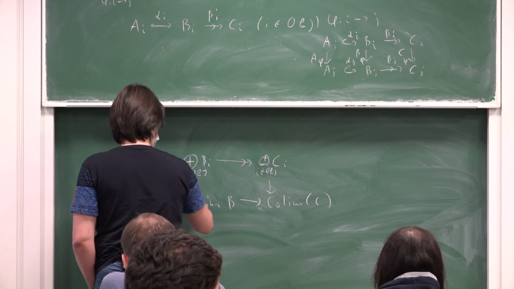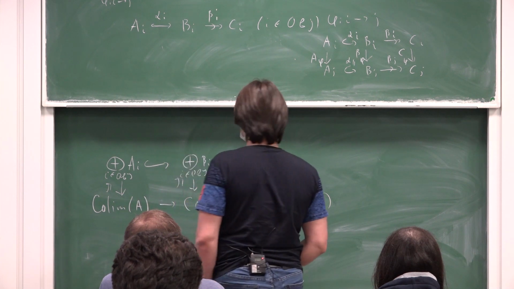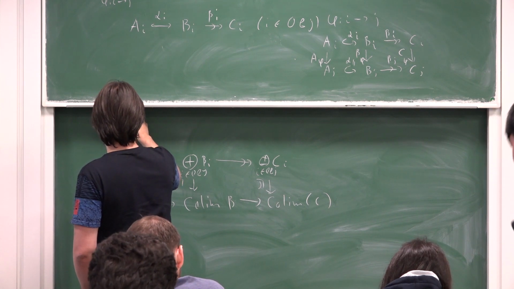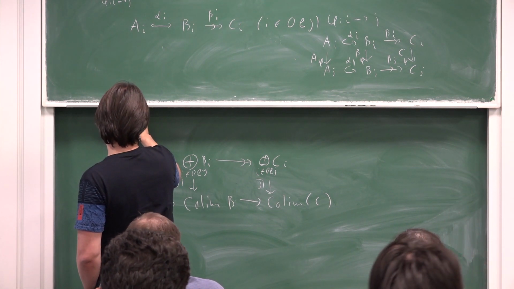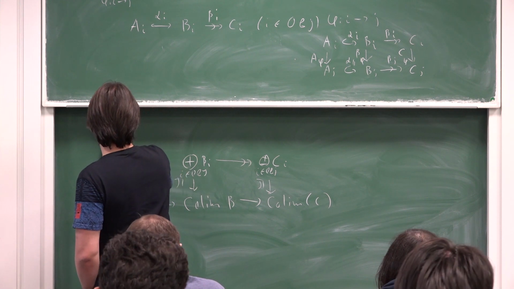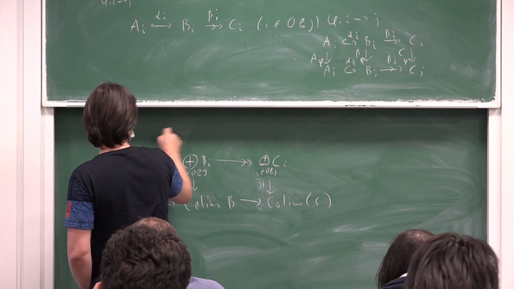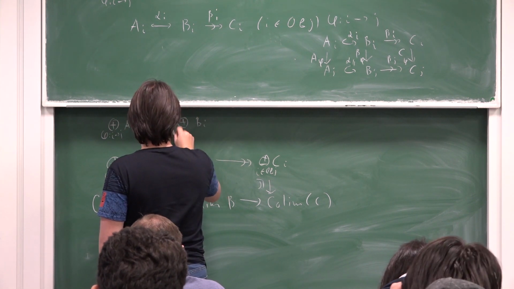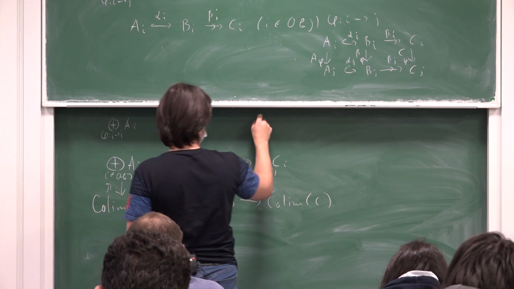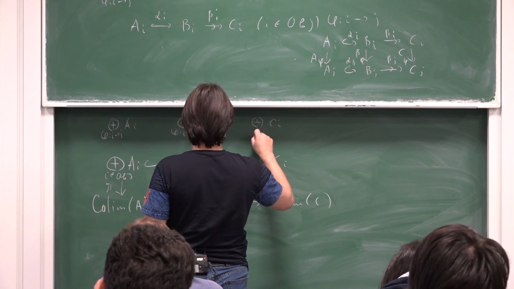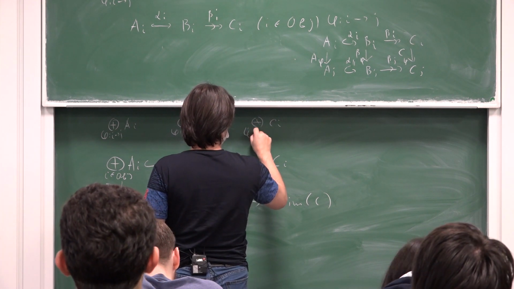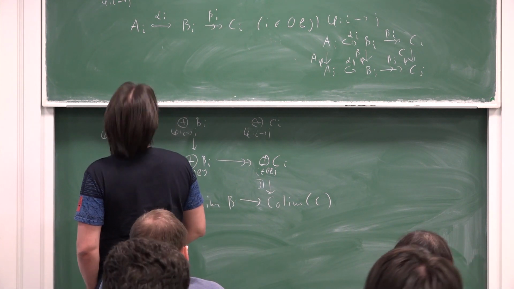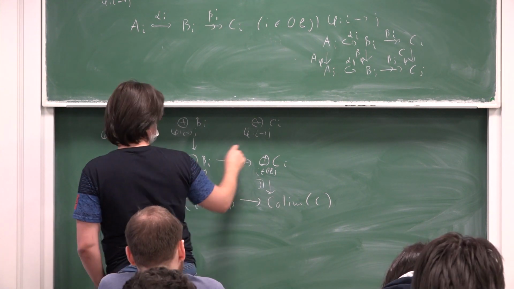Here the maps pi, and then you have here the sums of A_i, B_i, C_i for phi from i to j. Here you have some maps.